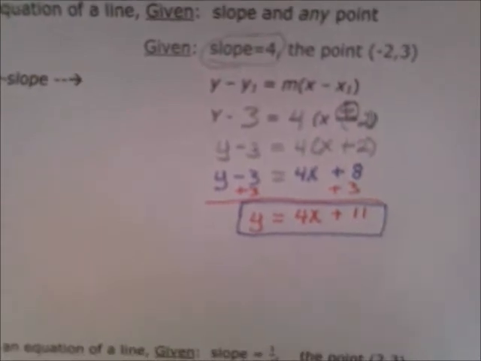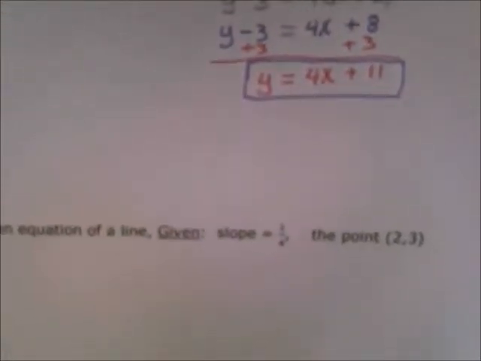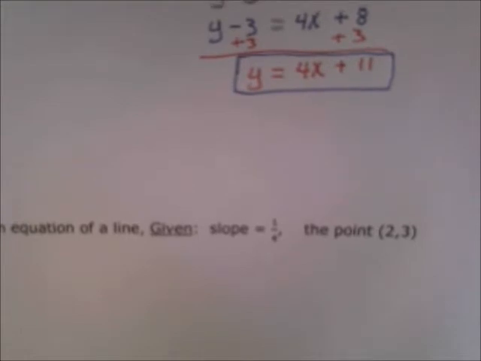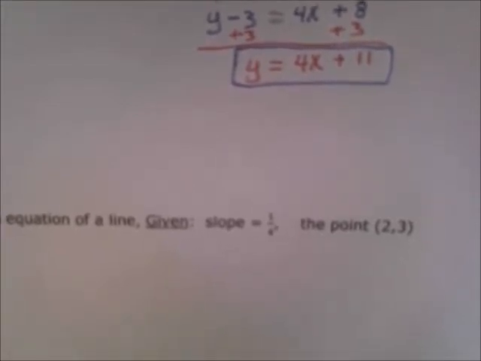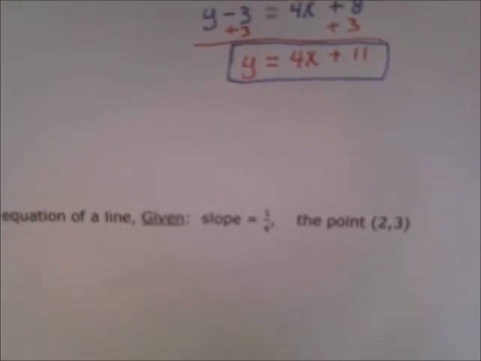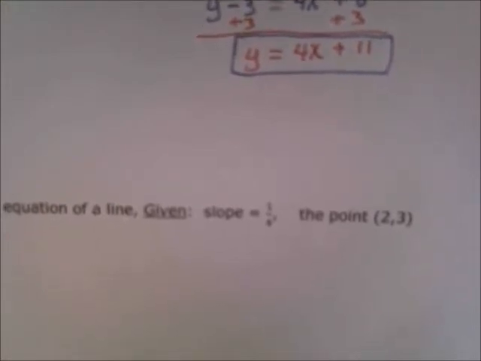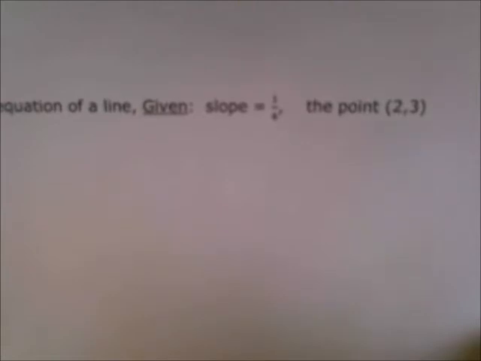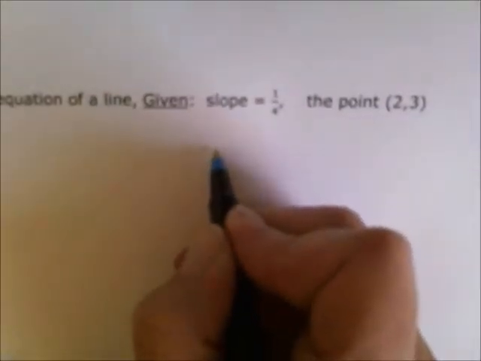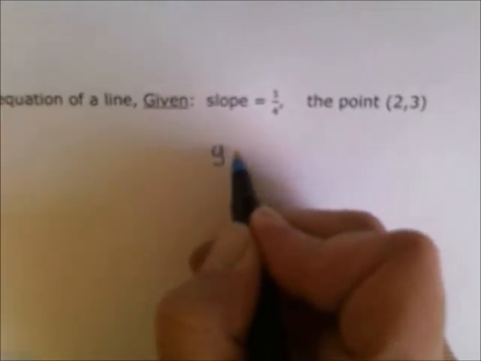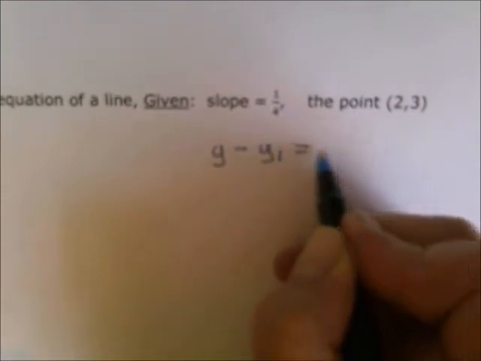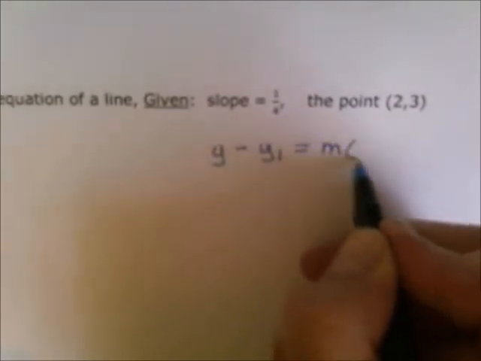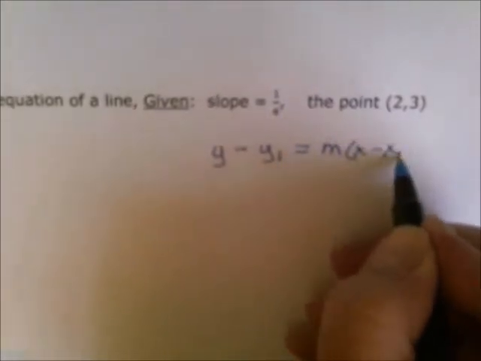Now, if we are given this problem where we have the slope is 1/4 and the point is (2, 3), well, let's see. We're going to use our point slope form, y minus y sub 1 is equal to m times the quantity x minus x sub 1.